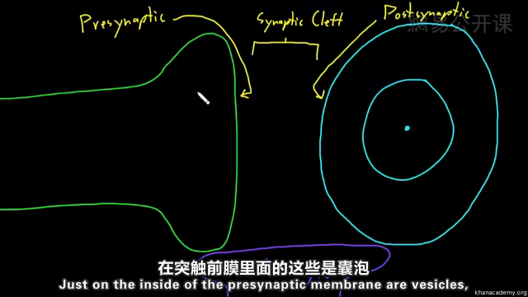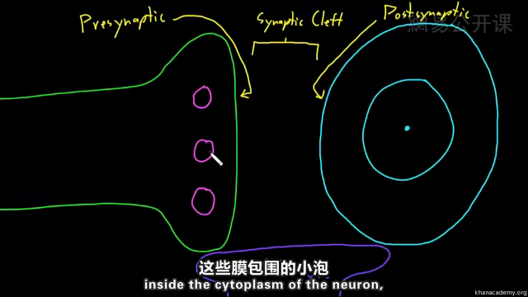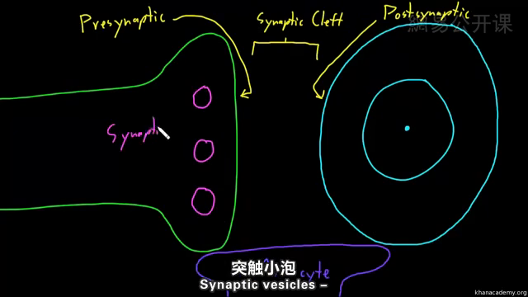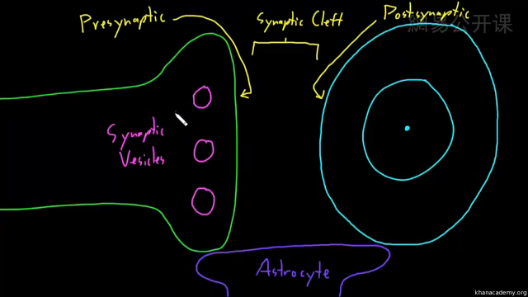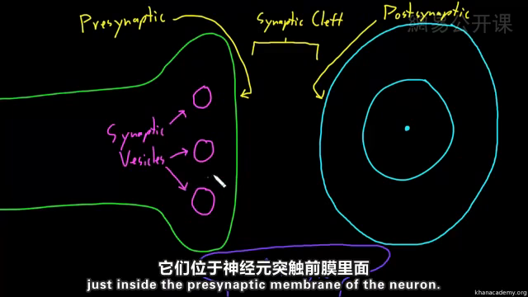Just on the inside of the presynaptic membrane are vesicles, which are little membrane enclosed bubbles inside the cytoplasm of the neuron. And these are called synaptic vesicles. That's each of these bubble-like structures just inside the presynaptic membrane of the neuron.